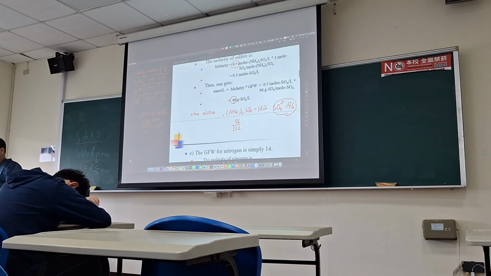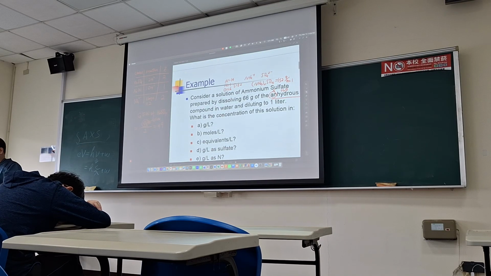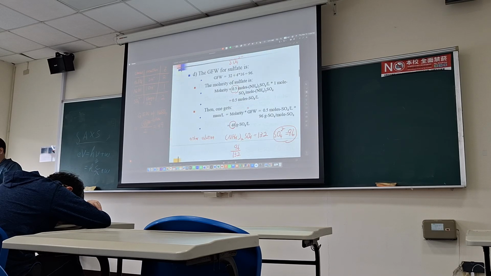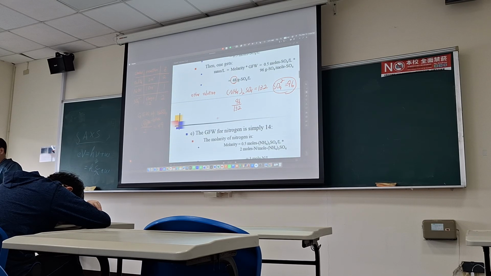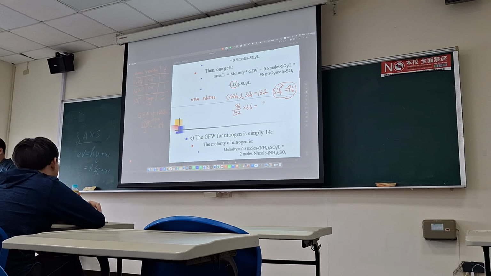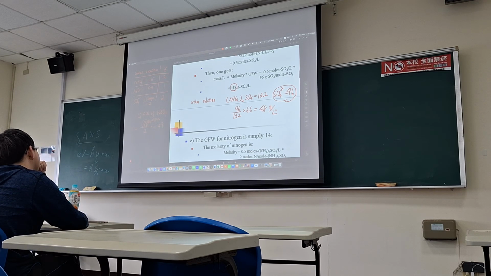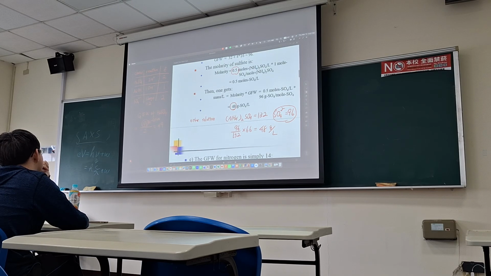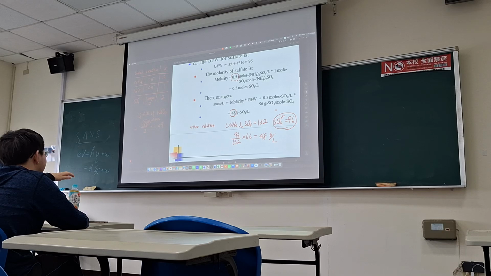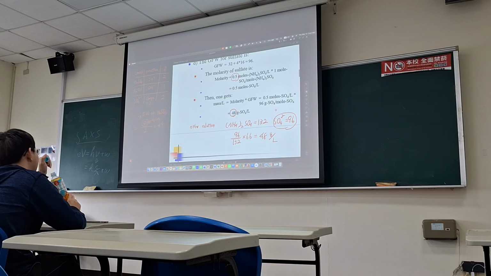Okay? And let me go back to the question. In this question, we have 66 grams, right? So, times 66. Then we got 48 grams per liter. This is another way to calculate, if you think this is easier. But actually they are the same.